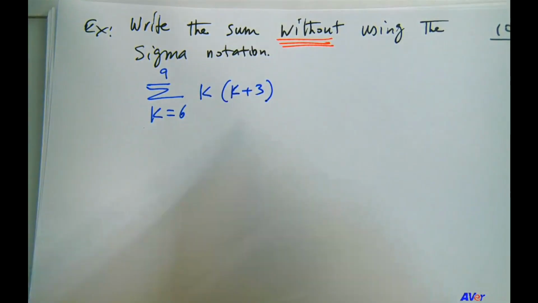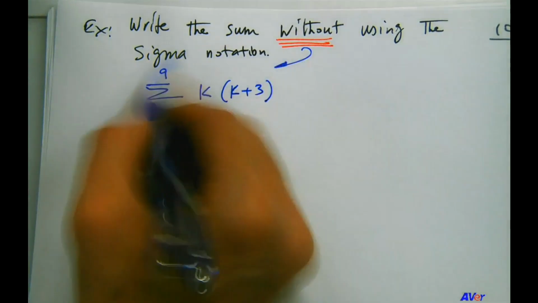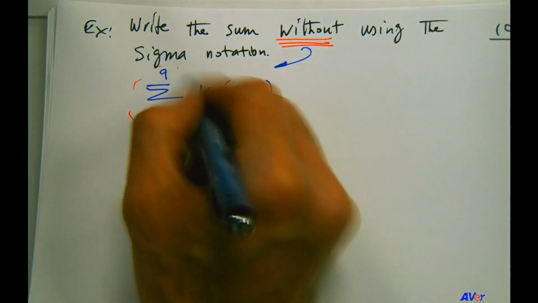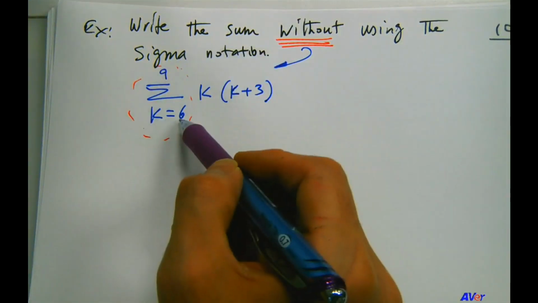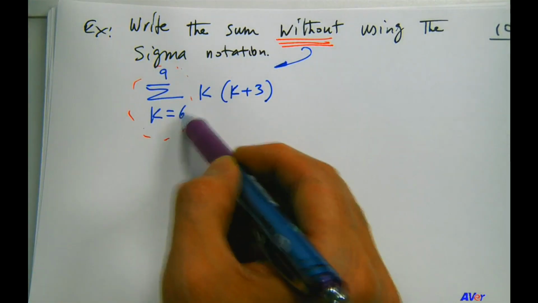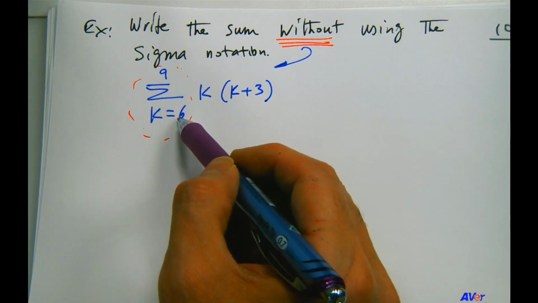Okay, so they want us to write this without this sigma notation. Notice the index k is going from what to what? It's going from 6 to 9, right? Not from 1 to 3 or 1 to 5. So it's not starting from the first digit in the sum.